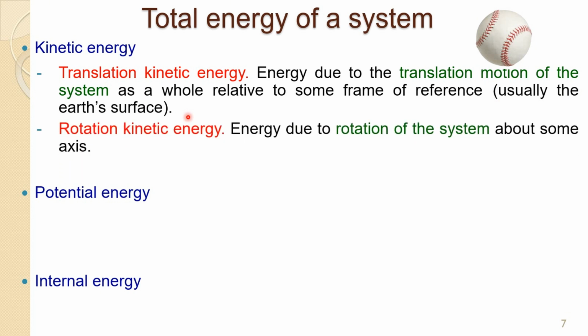The kinetic energy is not only translational, from place A to place B, but also rotational kinetic energy. For example, this ball can rotate, and rotating requires energy. This is what we call rotational kinetic energy: energy due to the rotation of the system about some axis.